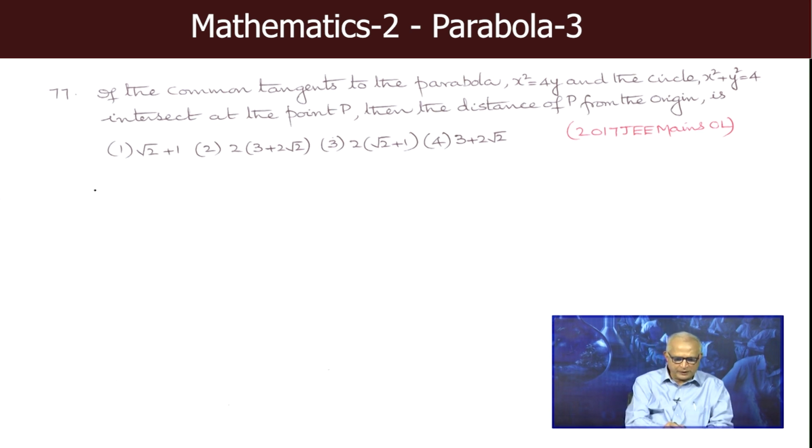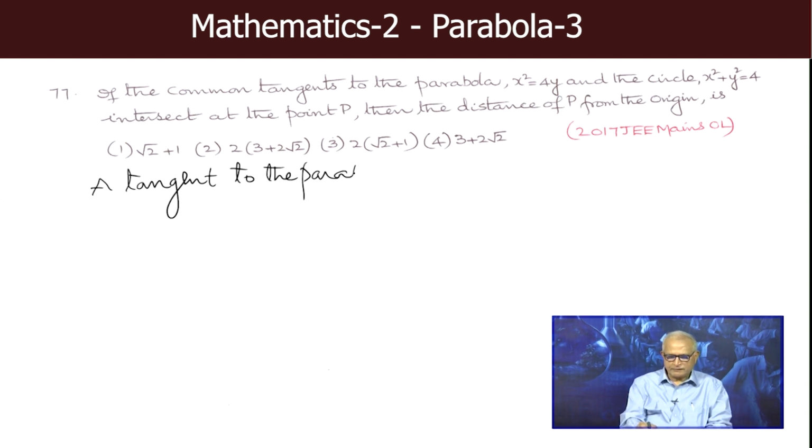A tangent to the parabola x square equal to 4y is, for the parabola y square equal to 4ax, x minus ty plus at square equal to 0. So, this is x square equal to 4ay.